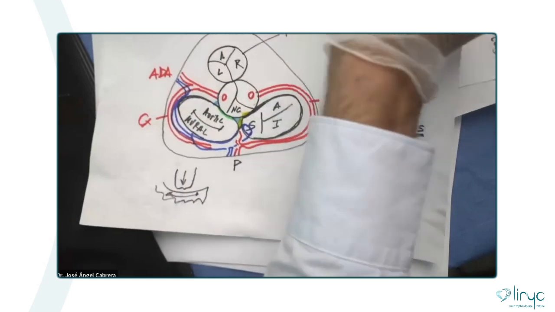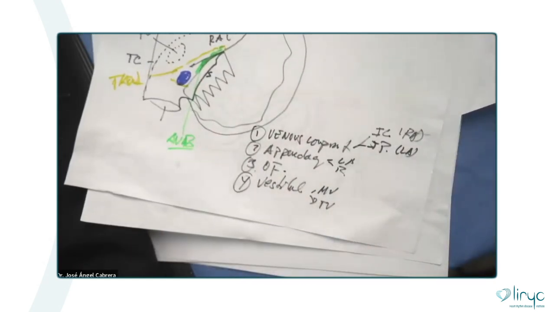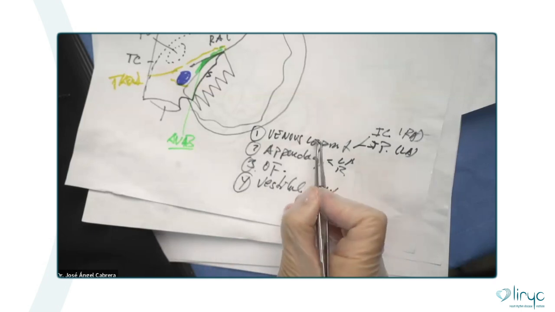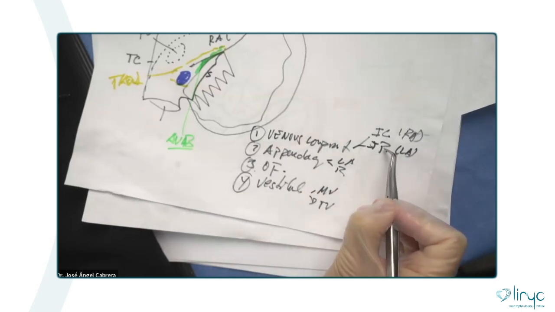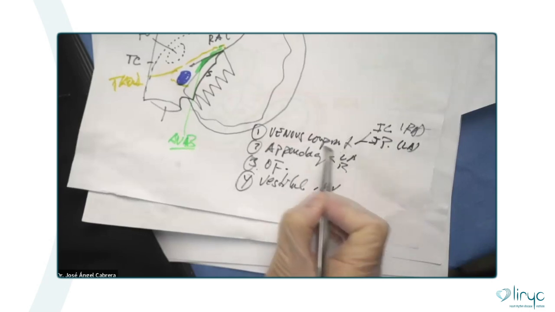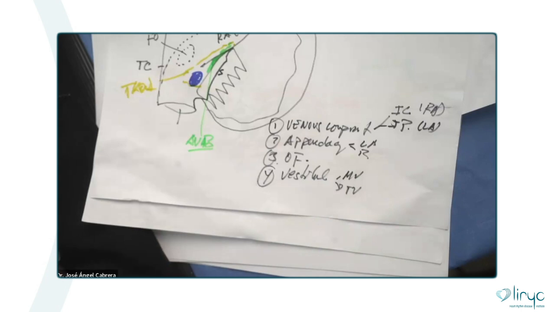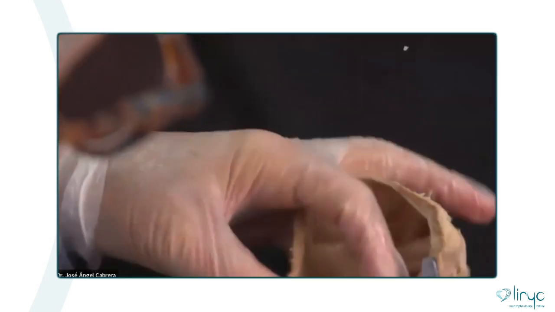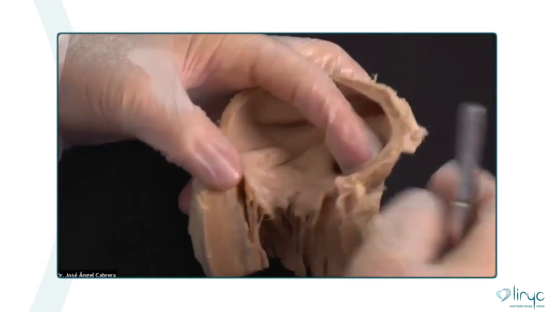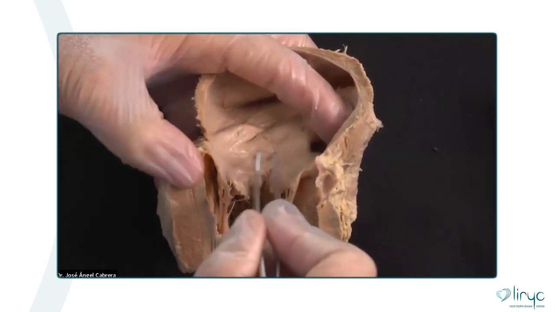Therefore, when we see the four components of the left atrium, we know that the most important component is the interpulmonary venous component. We have the appendage containing the trabeculation. We have the fossa ovale and the vestibule of the mitral valve.